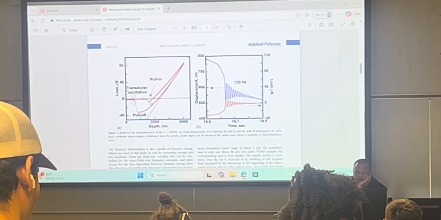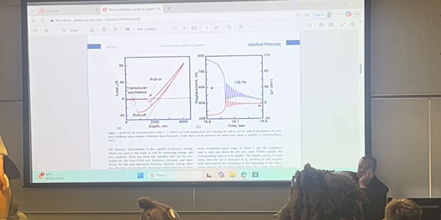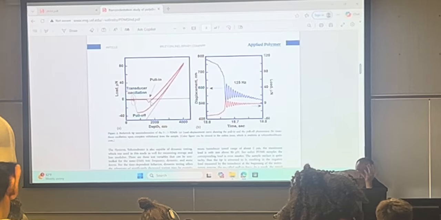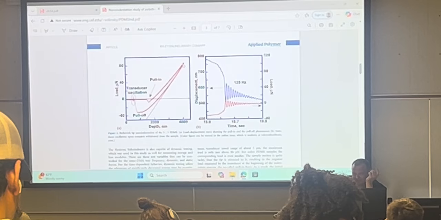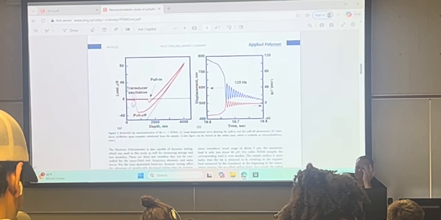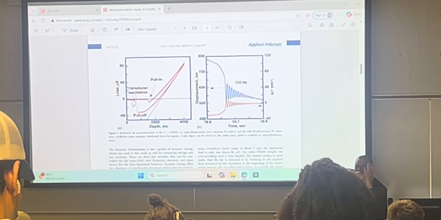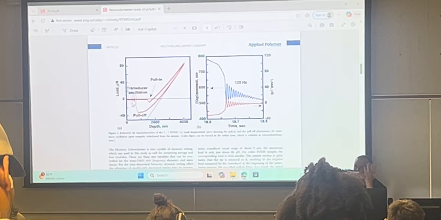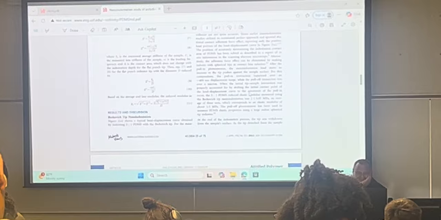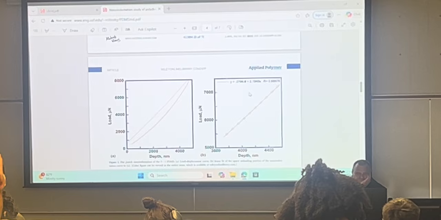You can see this pull in, boom. Then you continue to push, and then you do the pull off. The surface kind of sticks to the tip, and once you let go, interestingly enough, this transducer starts to oscillate at a resonance frequency.